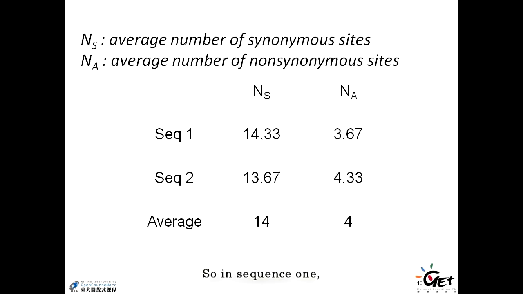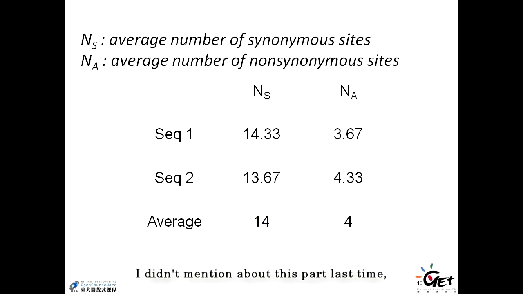In sequence 1, the number of synonymous sites is 14.33, based on our calculation. The other sequence is 13.67. Then you average the 2, and the average number here is 14.